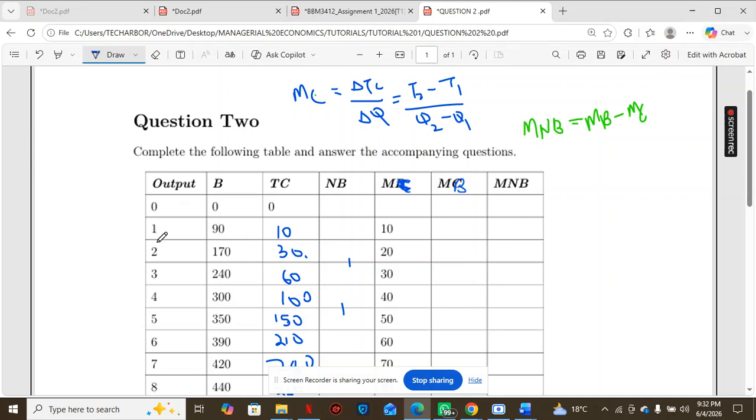Now here, our quantities are increasing by 1, so our denominator is always going to be 1. So basically we can just focus on the new total cost minus the old total cost.